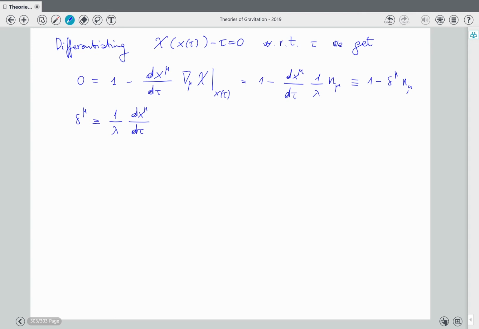So it's a vector that exits the surface. You could say, why don't we choose the normal? Well, because this is not the normal. This is any vector delta mu.